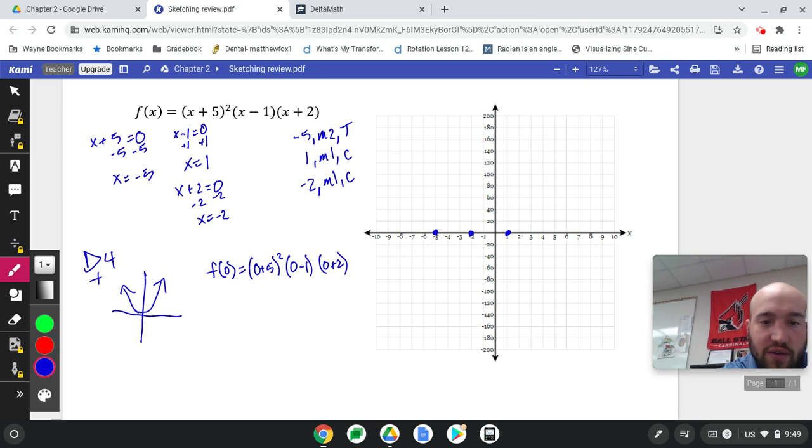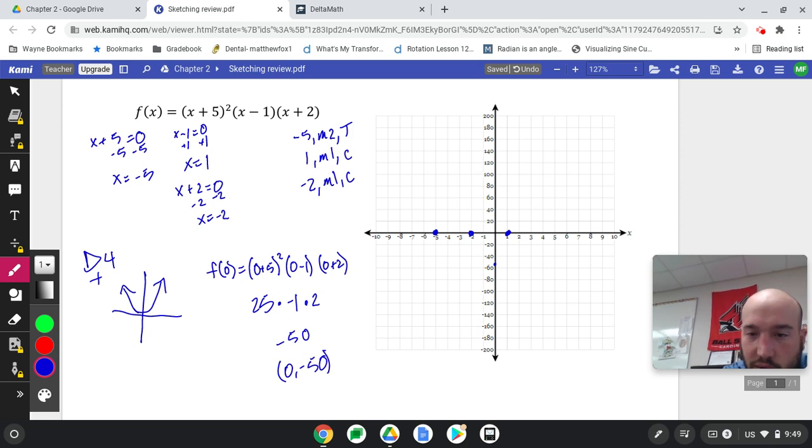So 0 plus 5 is just 5. 5 squared is 25 times negative 1 times 2. So 25 times negative 1 is negative 25 times 2 will be negative 50. So our y-intercept is at 0, negative 50.